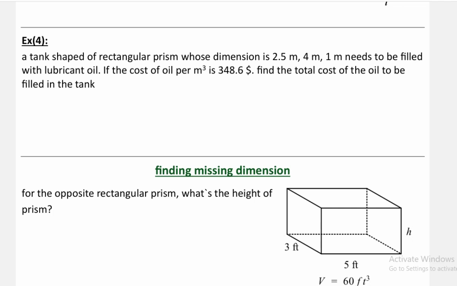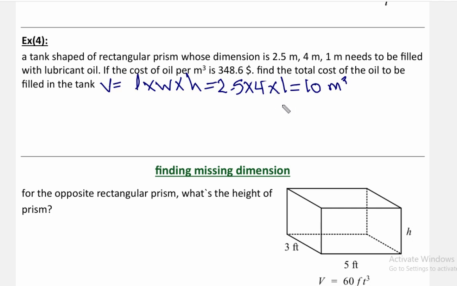So, in liquids, we multiply the cost of 1 unit volume times the total volume. So first, we need to calculate the total volume of the tank, or the total volume of the oil. Simply, volume equals length times width times height, equals 2.5 times 4 times 1. 2.5 times 4 is 10, 10 times 1 is 10 meter cube. So we have 10 meter cube of oil. Each meter cube costs $348.6.